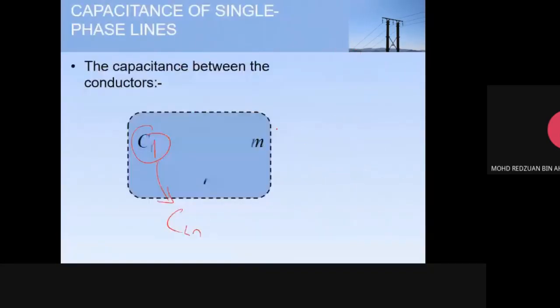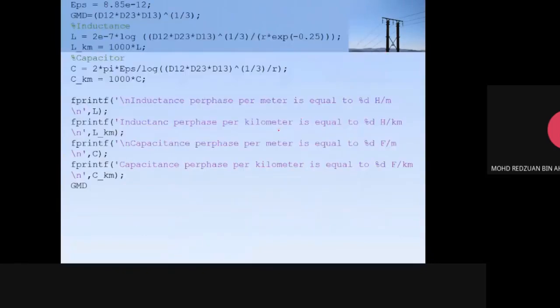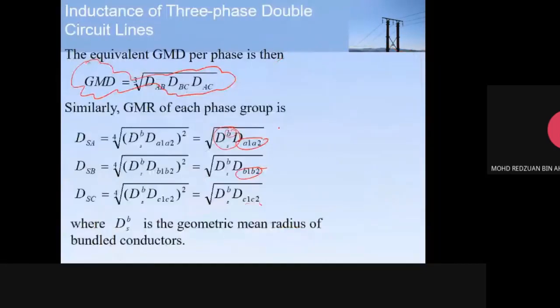C per 1 meter is equal to 2 pi epsilon naught over ln D over R, farad per meter. So what we have to know is 2 pi epsilon naught. What is epsilon naught? Permittivity, I think. Permittivity of the space.